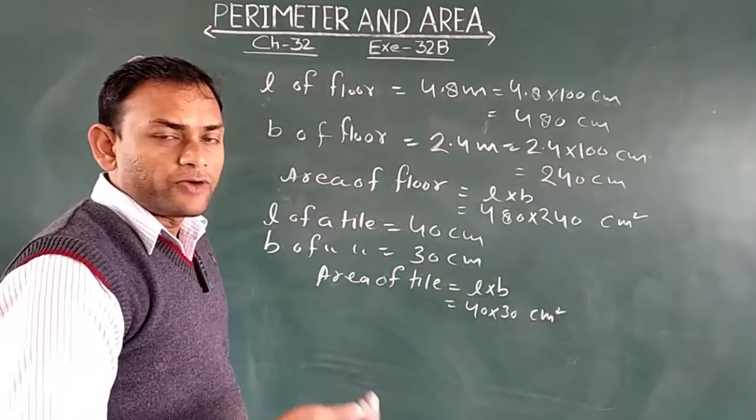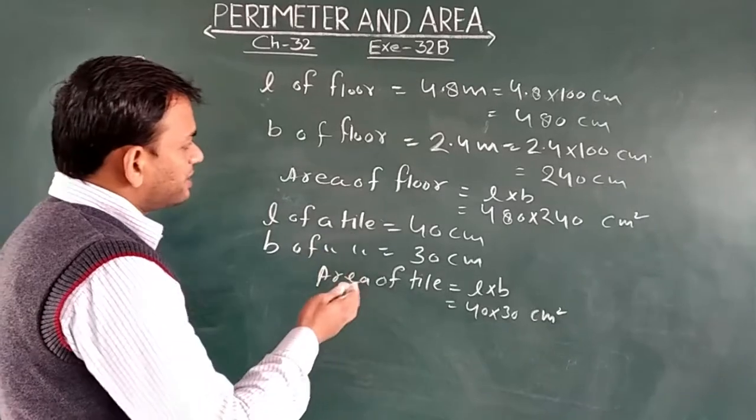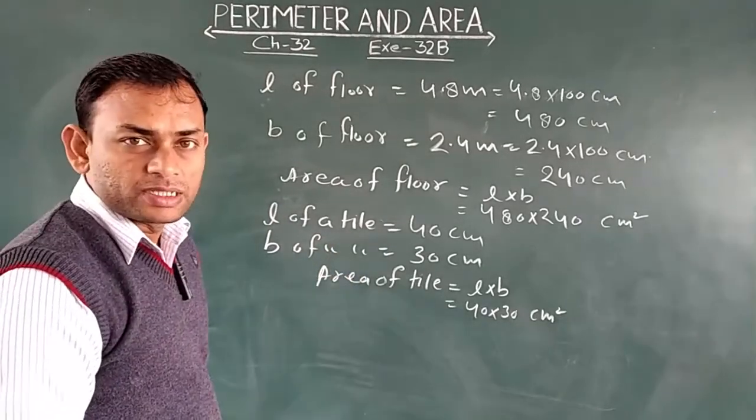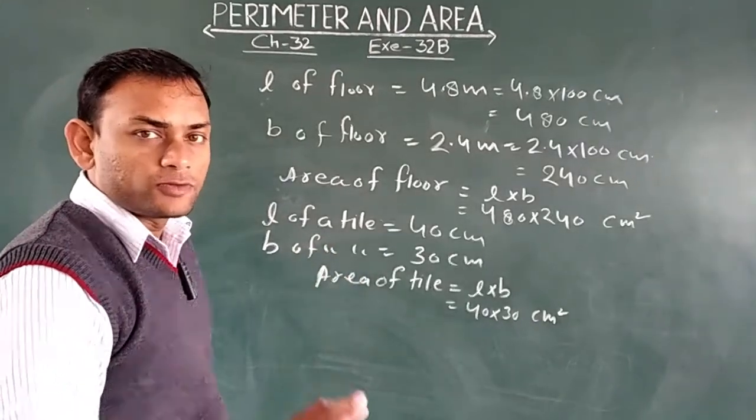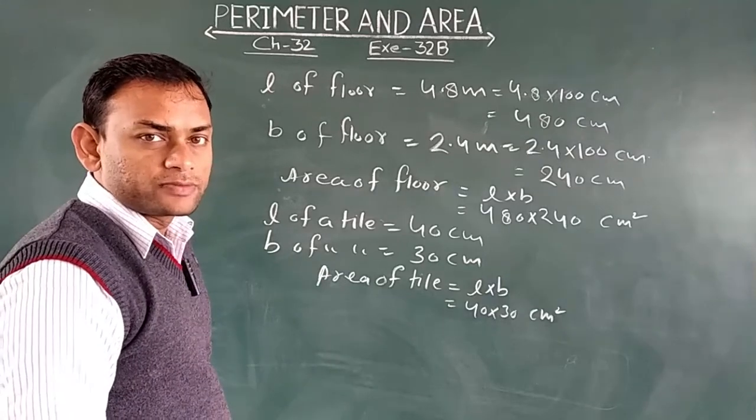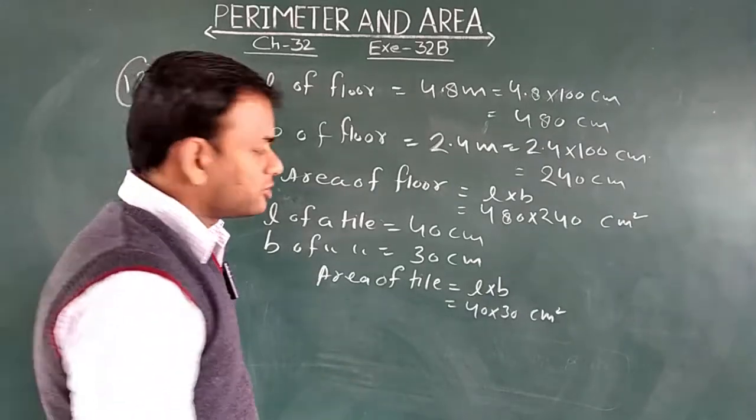And as I told you, to find the number of tiles, we will just divide the larger area by the smaller area. Means we will divide the area of floor by the area of tiles.